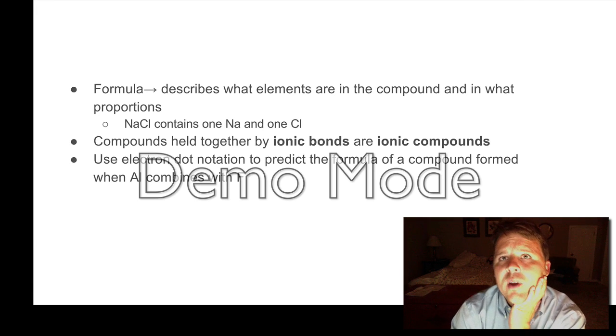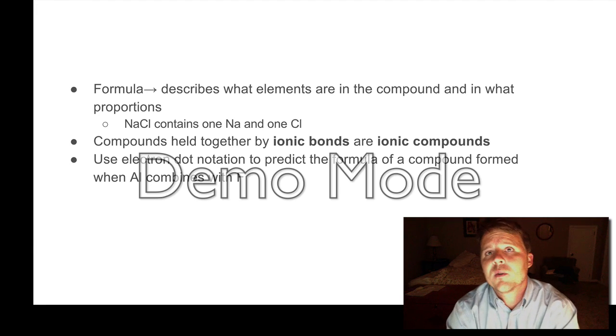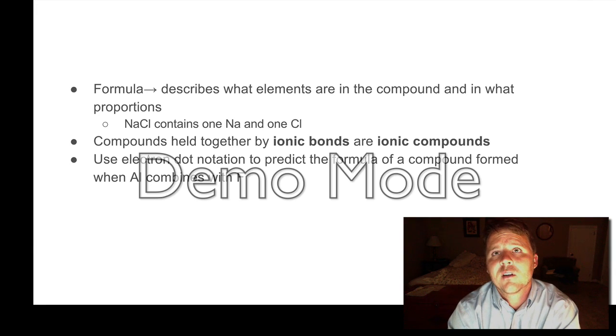How's it going to do that? Well, if aluminum has 3 electrons it's willing to share, fluorine wants to gain 1 to get to the octet. Aluminum wants to lose 3 to get to the octet. Okay, so we need 3 fluorines because they want to each gain 1. So it'd be aluminum with 3 fluorines. Easy.